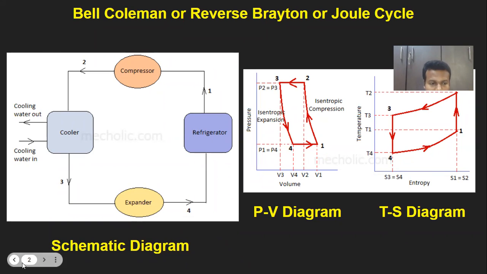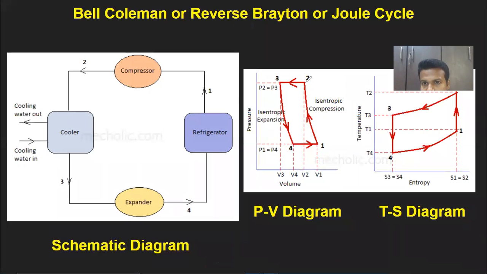If you want, I'll just annotate it. If it's a Brayton cycle, your process will be like this. Try to understand. Point number 3 will lie here, point number 4 will lie here, and your process will be 1, 2, 3 dash, and then back to 4 dash and then 1.